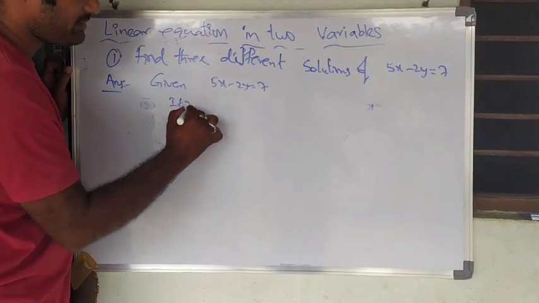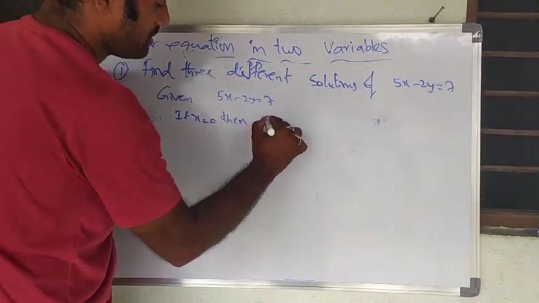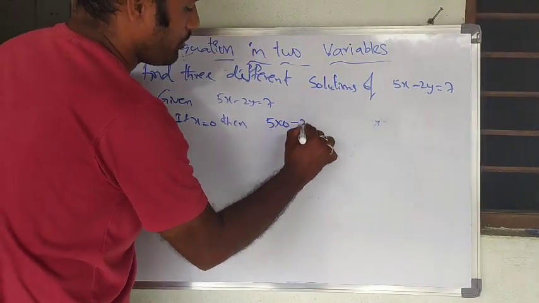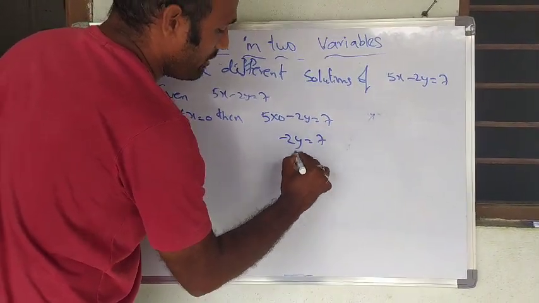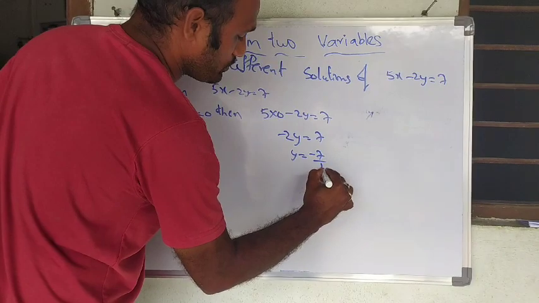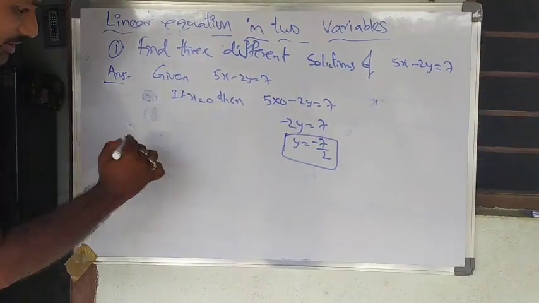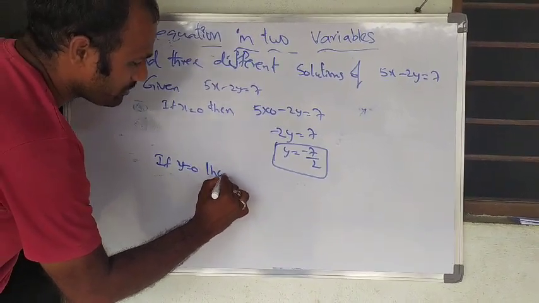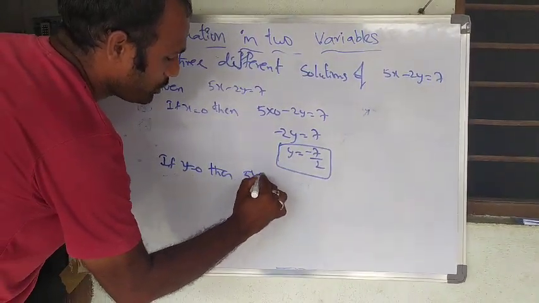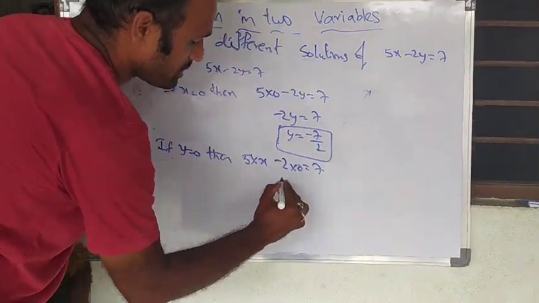If x is equal to 0, which is a very good option to start with, then 5 into 0 minus 2y is 7, so y is minus 7 by 2. Next, if y is equal to 0, then 5 into x minus 2 into 0 is equal to 7.